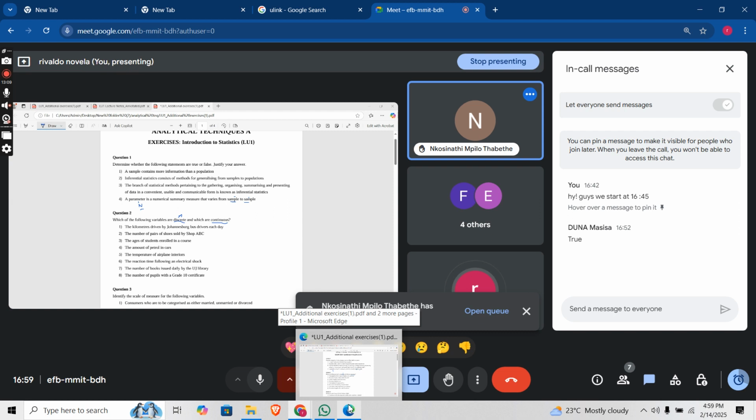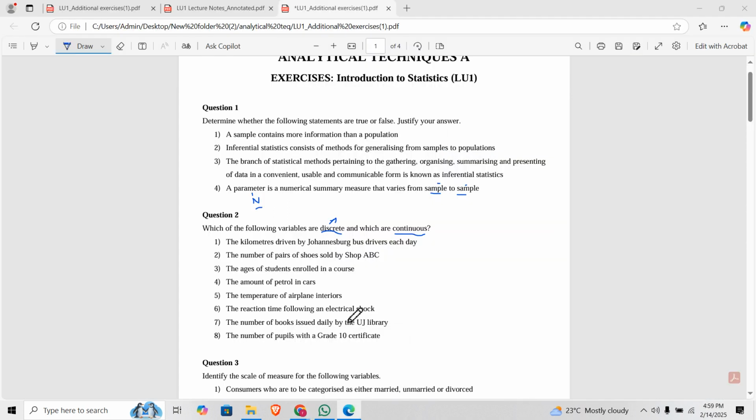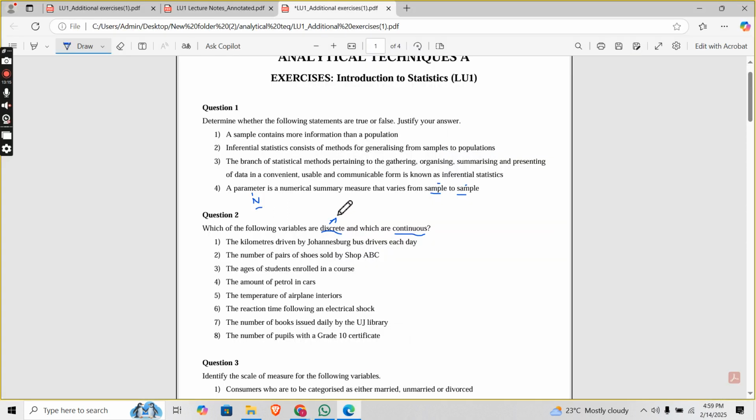Okay, yeah, you can try. No problem. 100%, that's the 100% answer. So it's obtained by counting. Okay, so what's continuous? 100% correct. So discrete data is data that we obtain by counting.